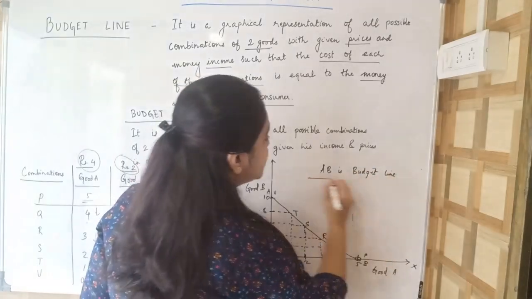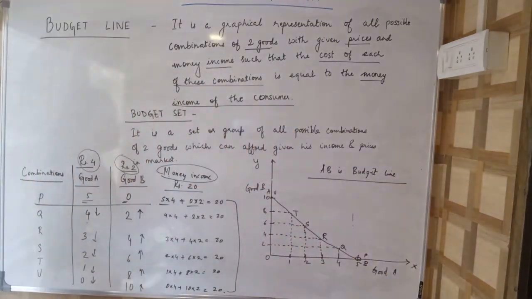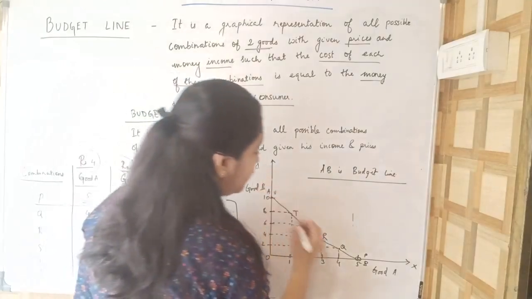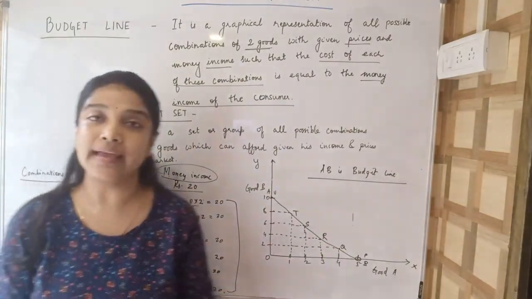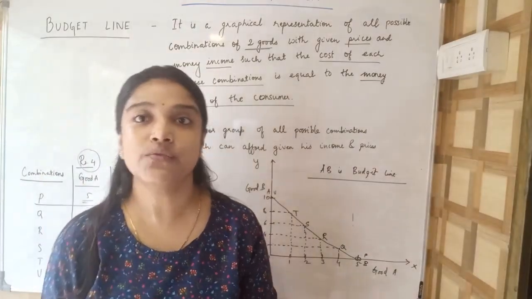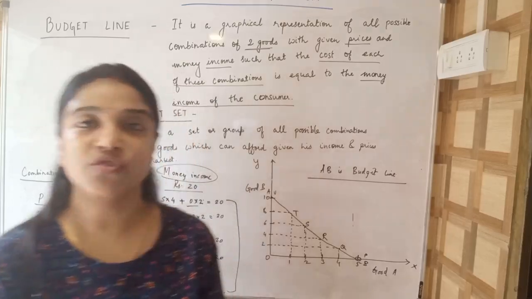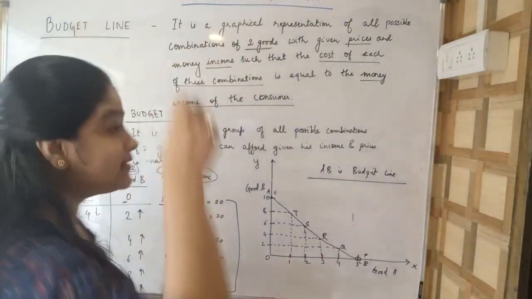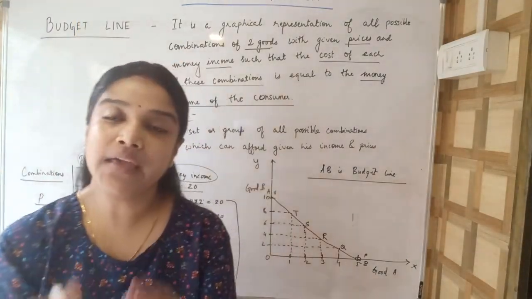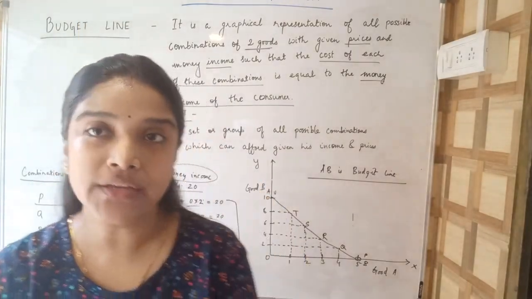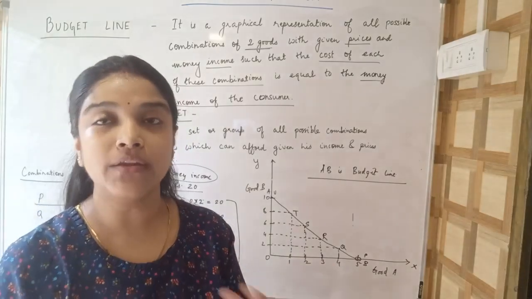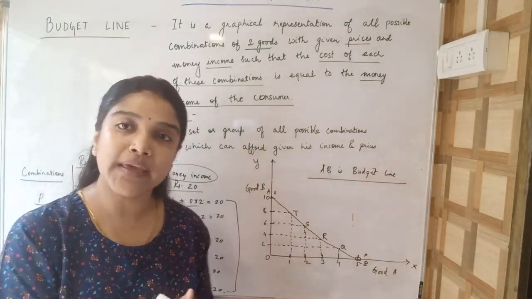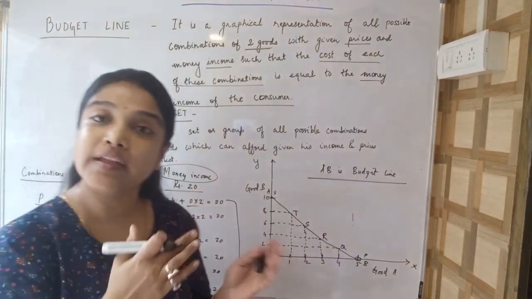What kind of line do we get? Definitely it is a downward sloping line. What does that represent? It represents that if we are increasing the purchase of one good, the other good needs to be decreased in its purchase.